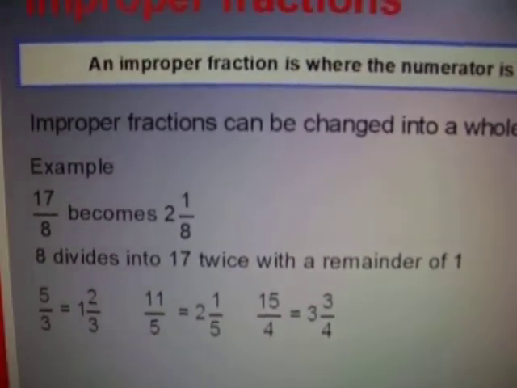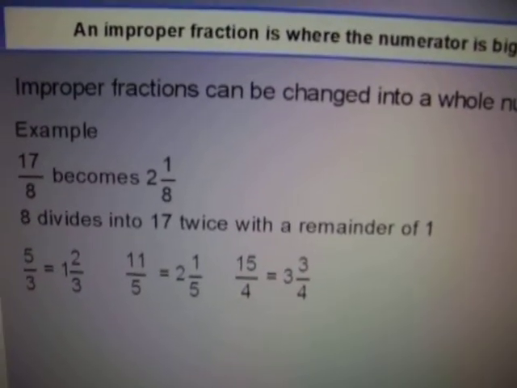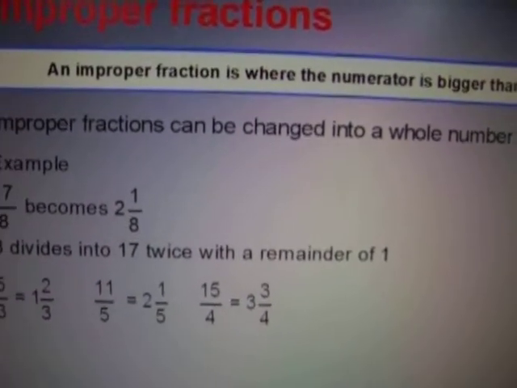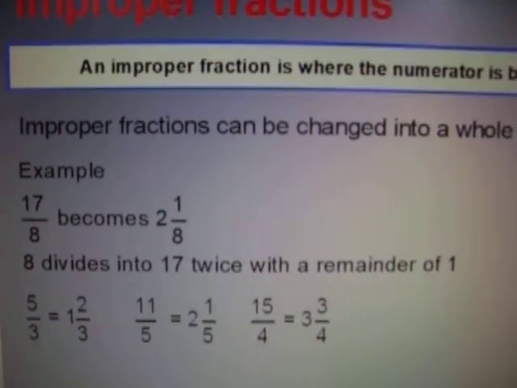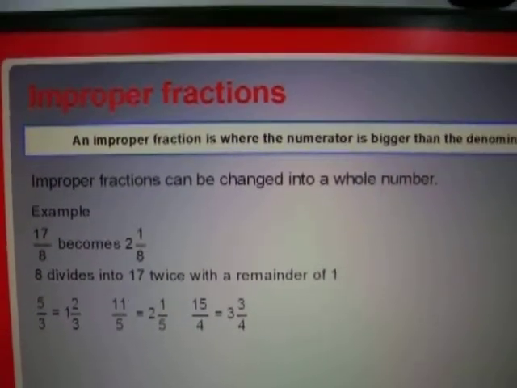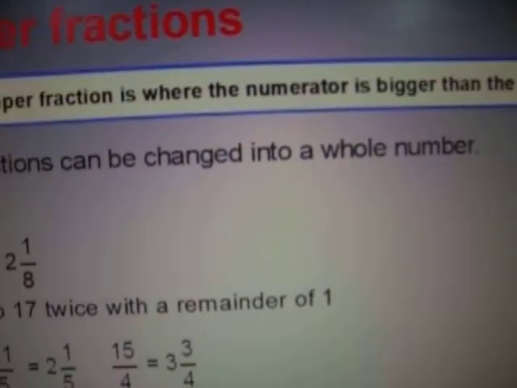And here you're looking at improper fractions, which means the top part is heavier than the bottom. The numerator is heavier or larger than the denominator. Okay? See how they've done it here and look at the principle they have applied.